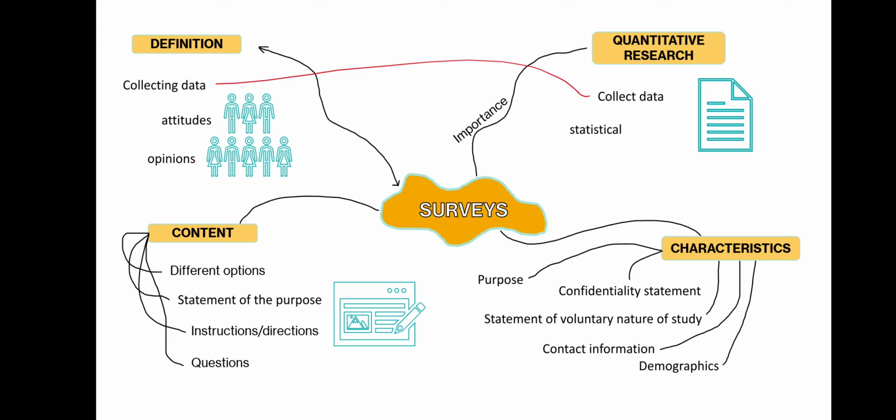What are the characteristics of a survey? It has to contain a purpose. It is essential that the participant identity is confidential, that the participants can voluntarily participate, that the contact information of the researcher is included, and even demographics about the participants.